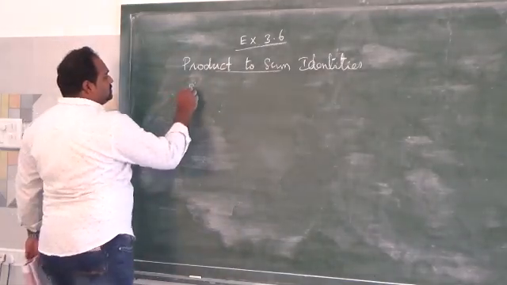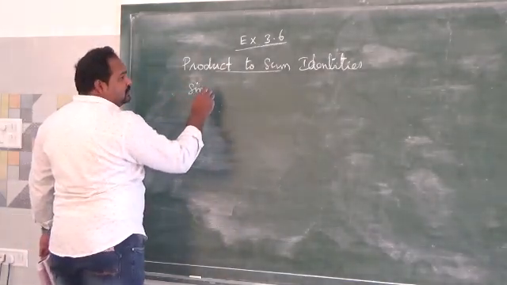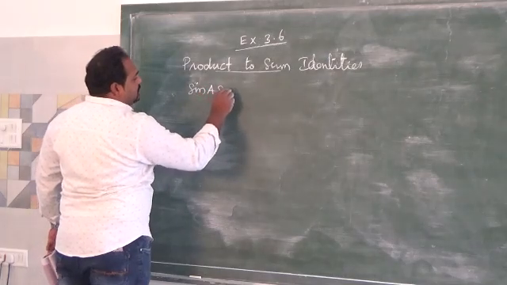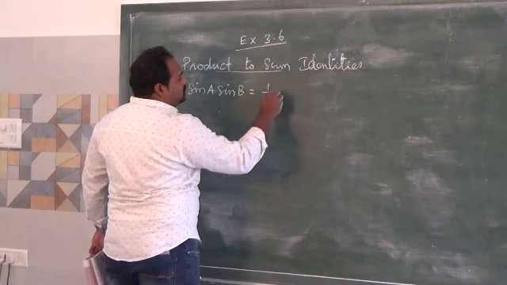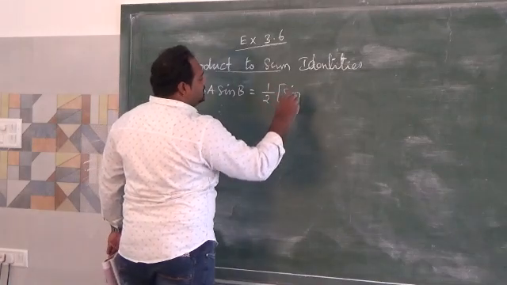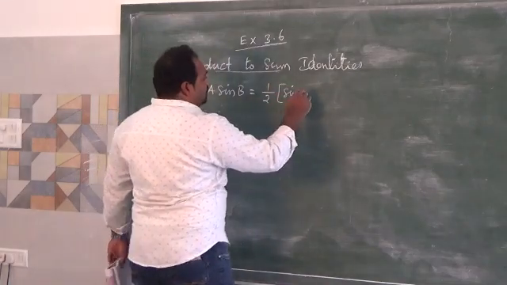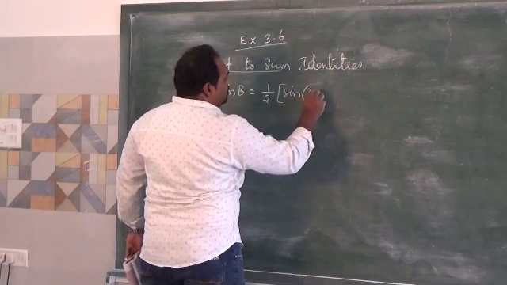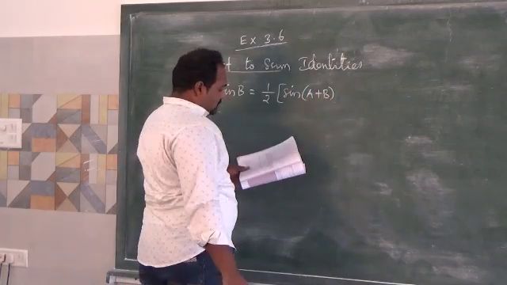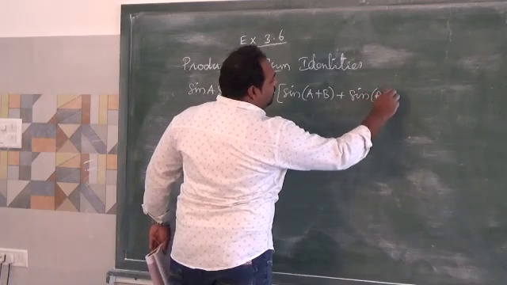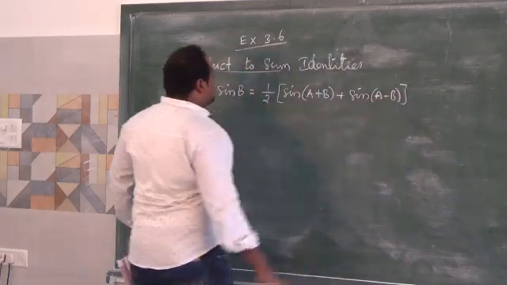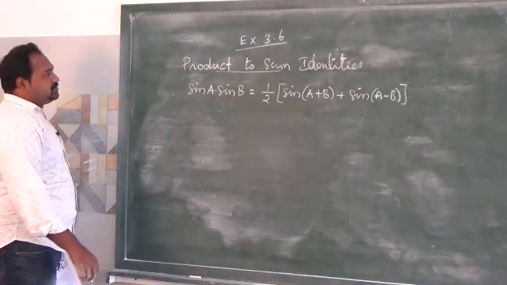So first one, sin A sin B, this is 1 by 2 [sin(A plus B) plus sin(A minus B)]. So this is the first one for the product to sum identity.